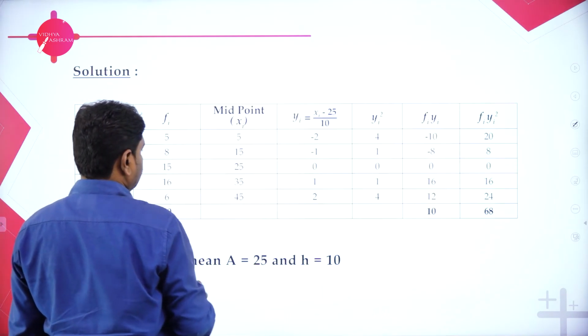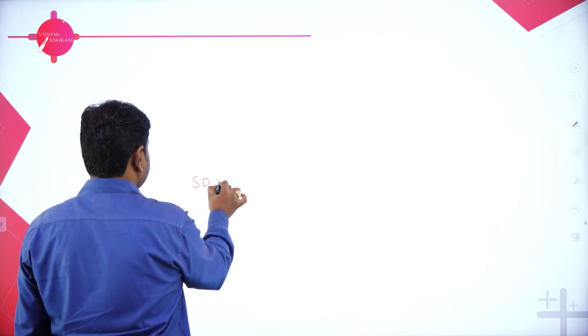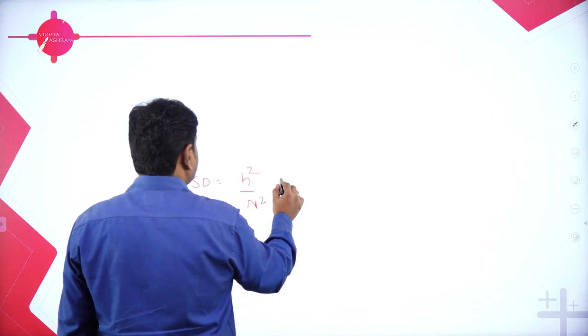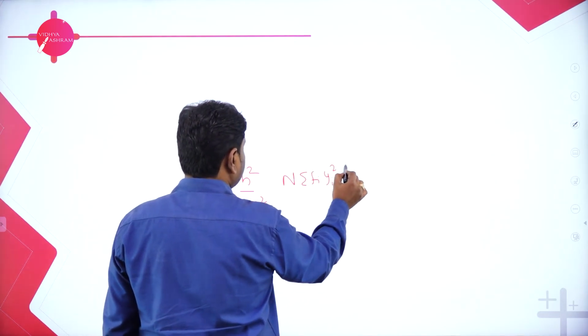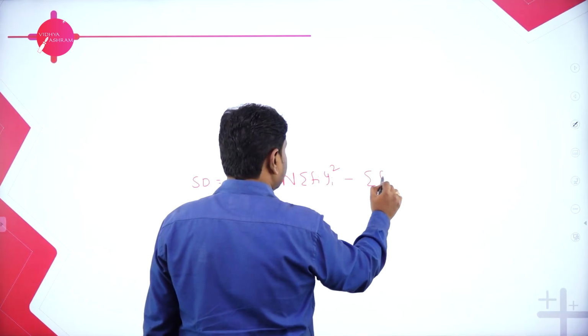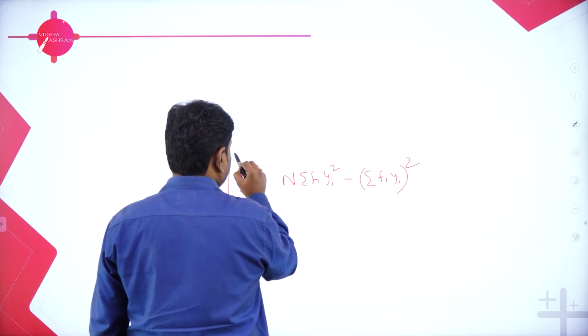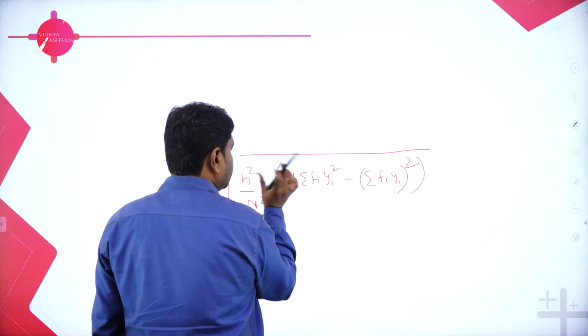So in the standard deviation, h square by n square into n into sigma fi yi square minus sigma fi yi the whole square, see this whole thing under root. This product is for both, but n is for only the first term.